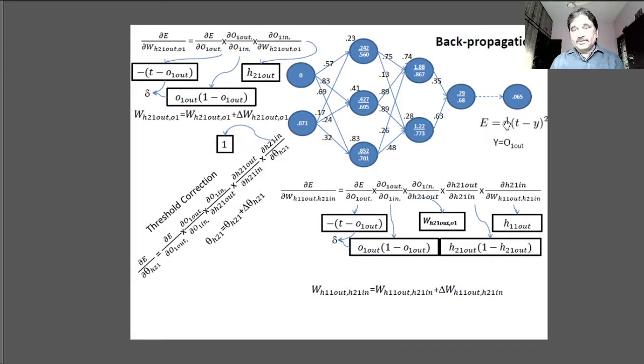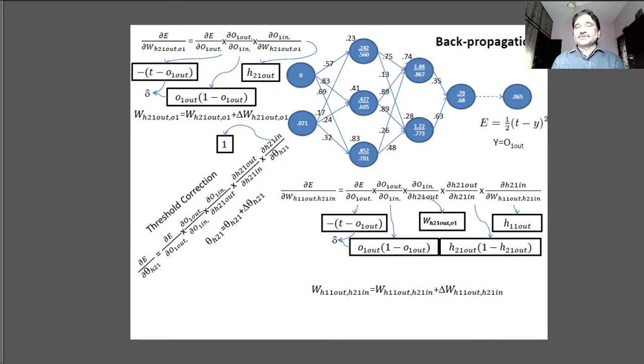And this time, obviously, it is expected that the error will reduce, but it won't come to the expected range of the order of 0.01 or so. Again there will be error. Again this algorithm of back propagation will be followed, weights will be corrected, thresholds will be corrected. Again there will be a feed forward pass, and again backward propagation.